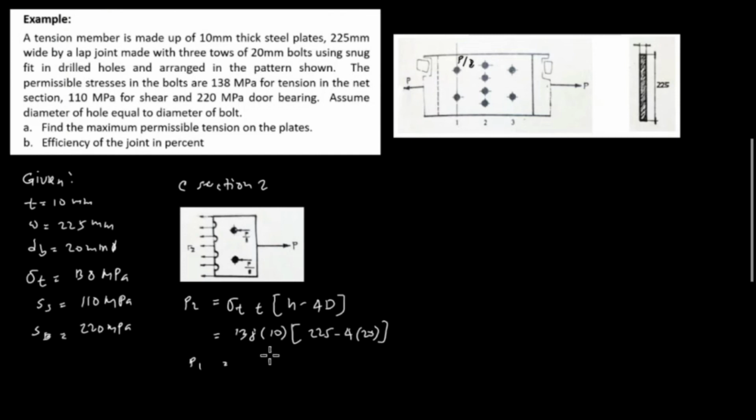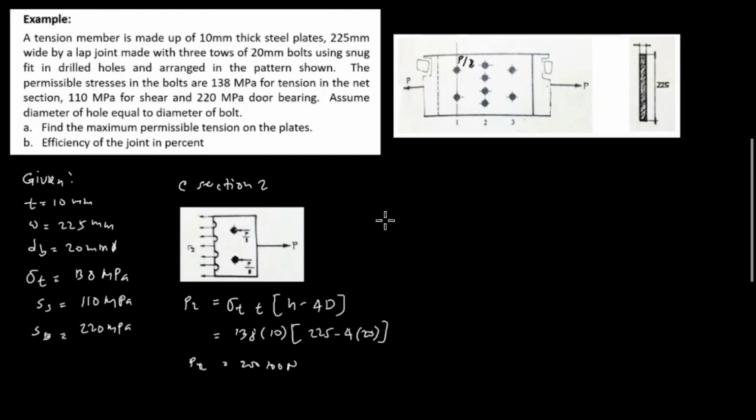And then we simplify. 138 times 10, which is 1380, multiplied by 225 minus 80, and the value for P1 or P2 is equivalent to 200,100 Newton.